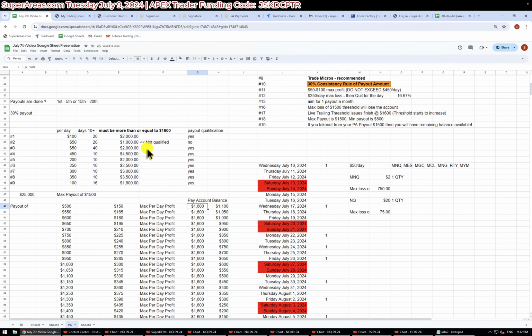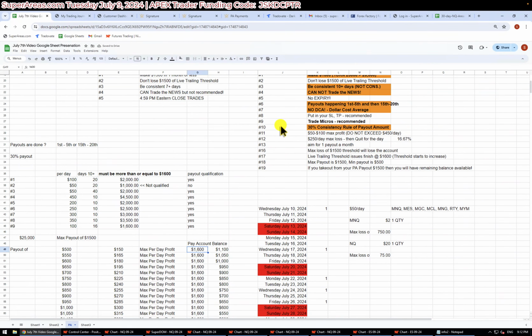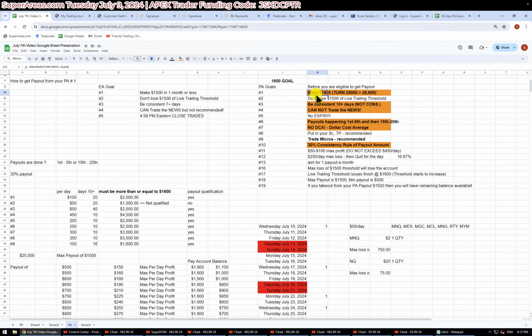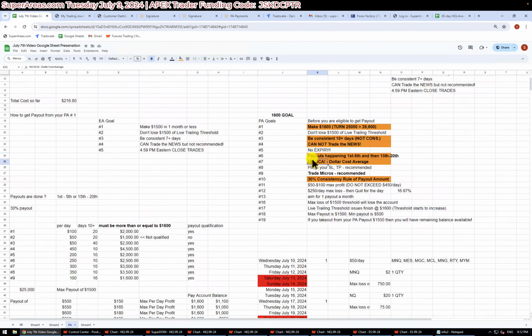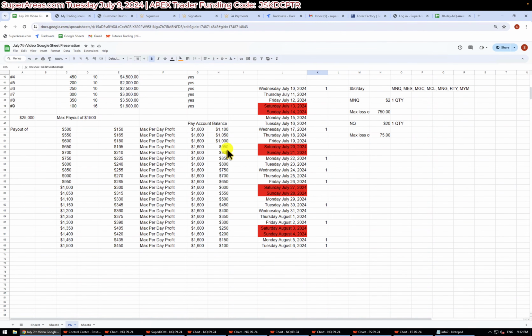So I'm explaining the 30% rule, guys. I managed to make $1,600 and I've done it in 10 days or more. I have not traded the news and my payouts are ready. I've not done dollar cost averaging, and I've done everything the way I'm supposed to, being a consistent trader, which is what they're looking for.